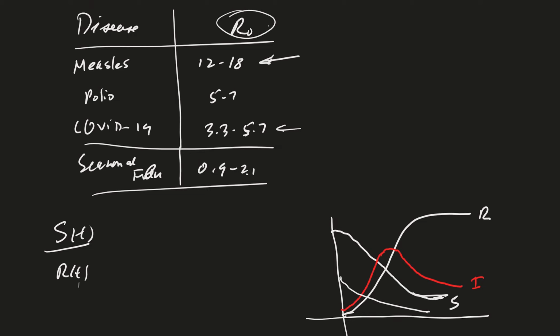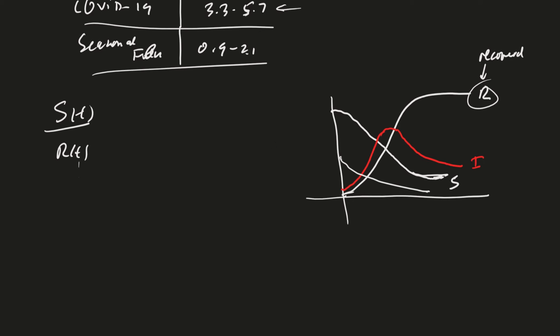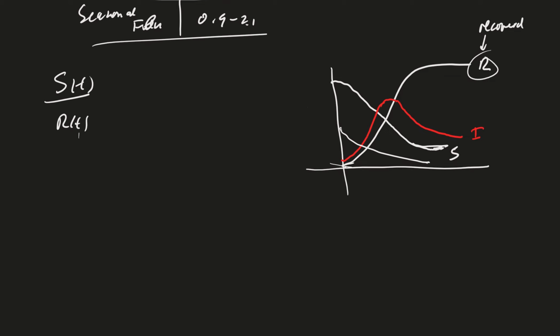By the way, this R0 is not the same as this R. This is recovered, and this is, what did we call it? The reproductive rate. Okay, good. And so we're going to make some simulations and take a look at some of these curves in MATLAB. And so I've got another video after this that will show you how to do that.